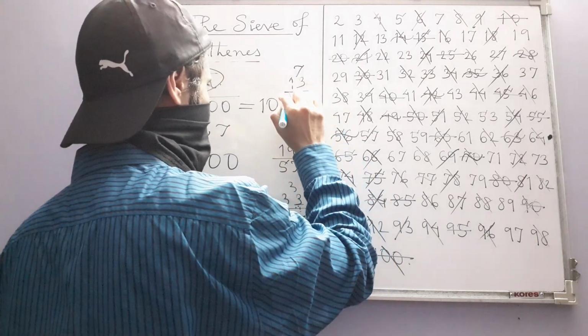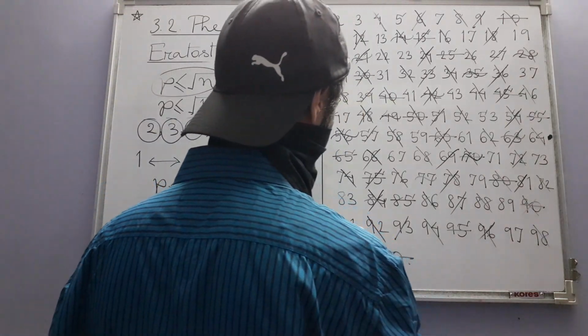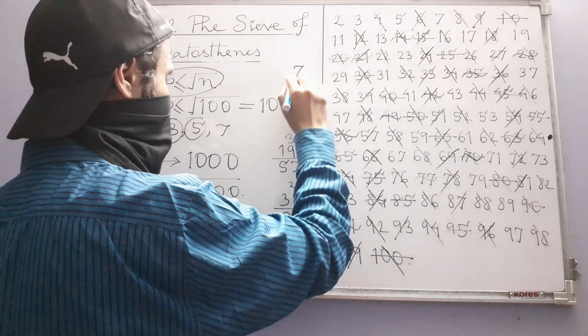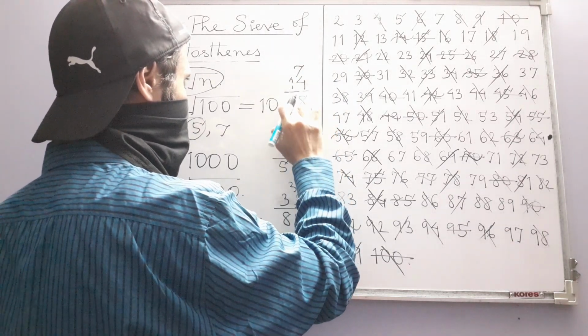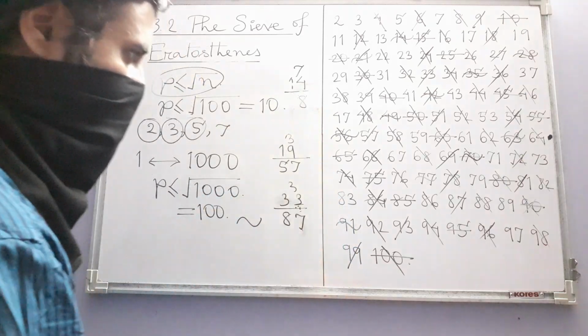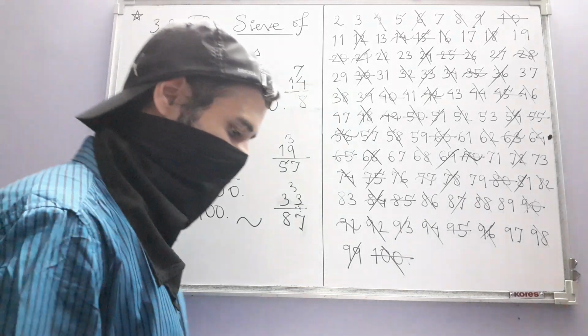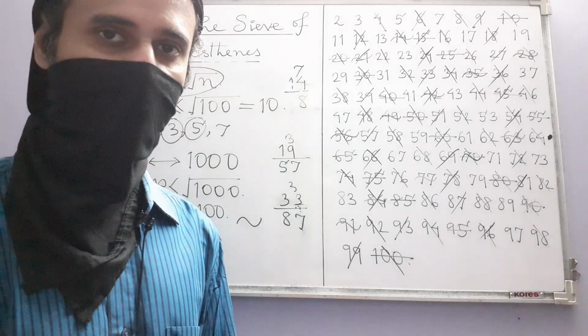Oh, okay. Yeah, I calculated the product wrongly. Yeah, I think that's just it, no? So what are the numbers that are left behind? Let's circle them.